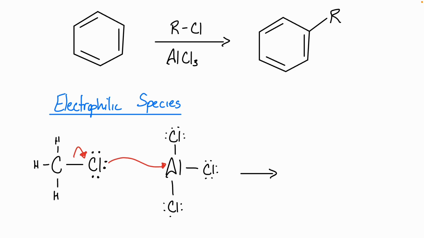Carbocation. So that's our actual electrophilic species. Again, making a really good electrophile, something with this positive charge here can very easily accept a pair of electrons from that benzene ring.